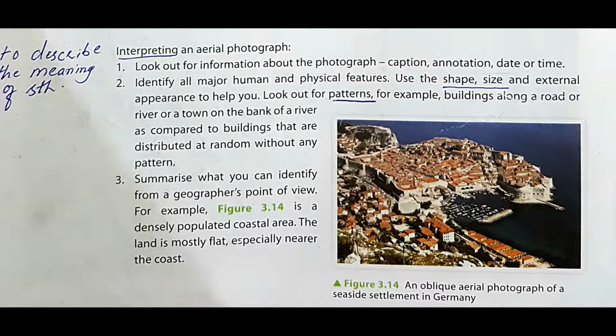For example, figure 3.14 is a densely populated coastal area. As you can see from the picture, the land is mostly flat, especially nearer the coast. As you can see from the picture, it is an oblique aerial photograph of a seaside settlement in Germany.